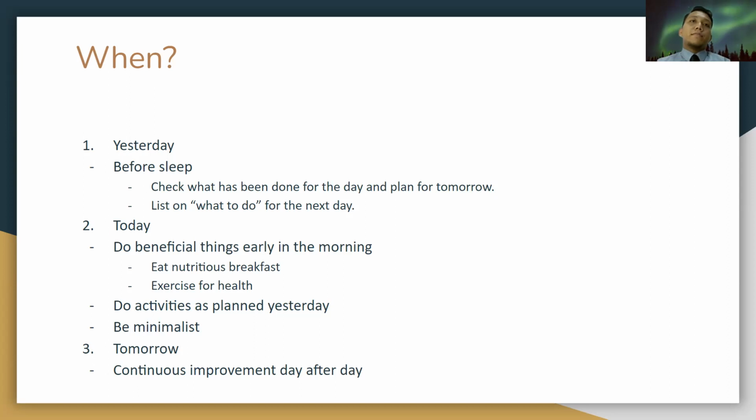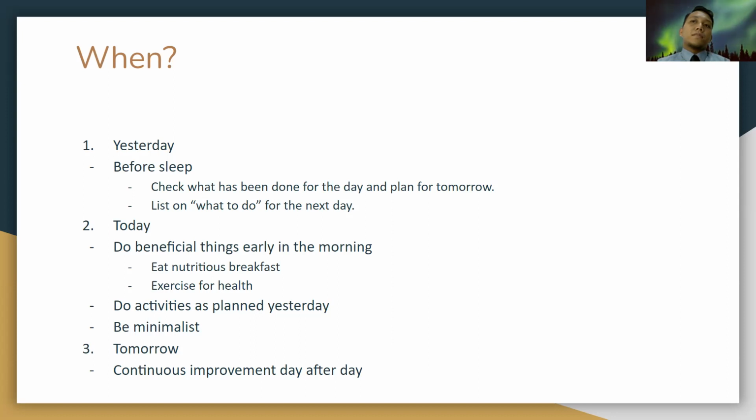Secondly, today, do beneficial things early in the morning, like eat a nutritious breakfast, exercise like jogging or anything that can keep your body and metabolism in good shape, and do activities as planned yesterday, and also keep things simple, be minimalist.